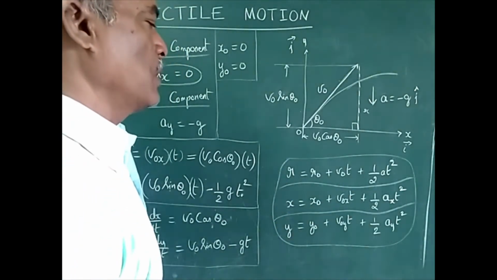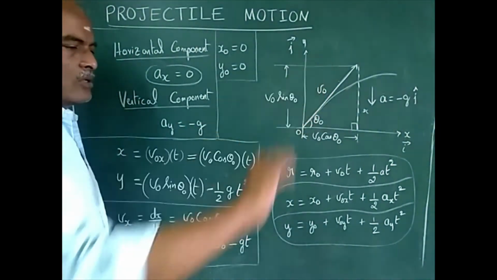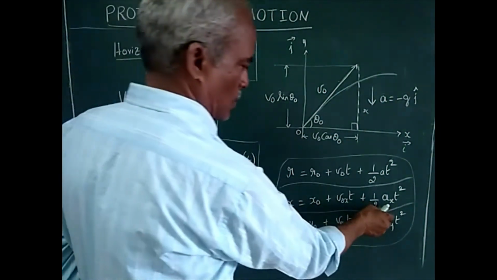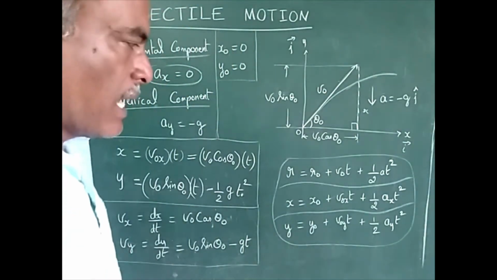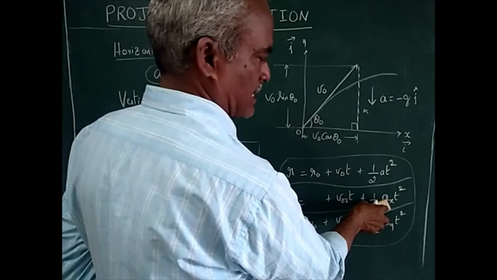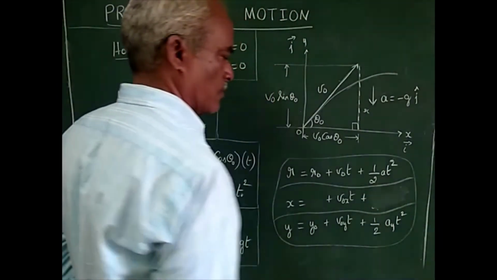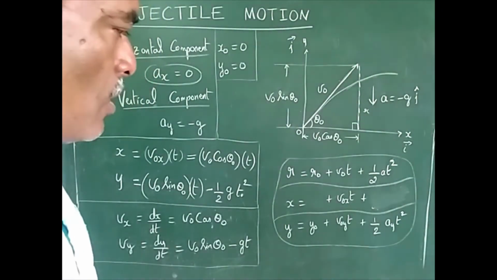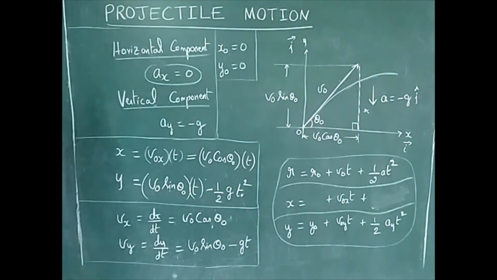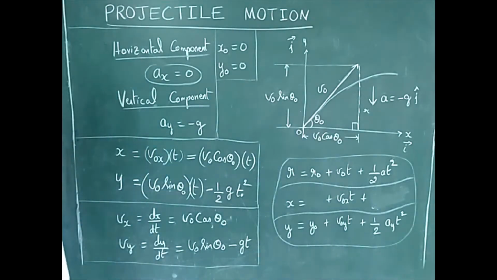Now next, we said acceleration along the horizontal component is 0. That means this is 0, and therefore we don't have this component either. So x is equal to v naught x t. That's what is written here: x is equal to v naught x into t.